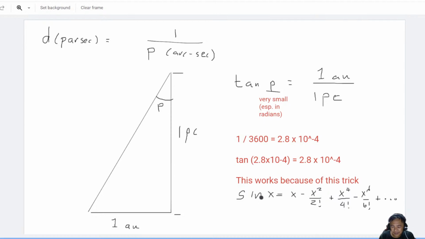From this trick, for small x, we can also do cosine x. Cosine x is equal to 1 minus x over 1 factorial plus x cubed over 3 factorial. You get the pattern, right?